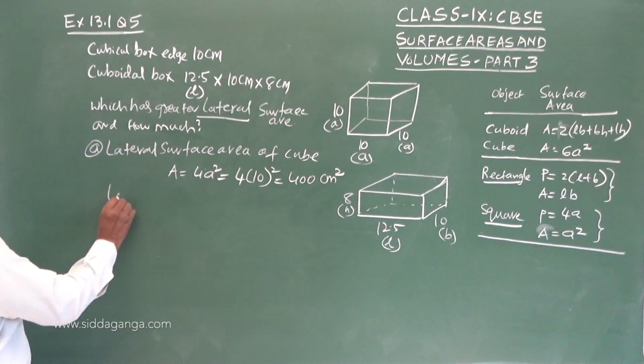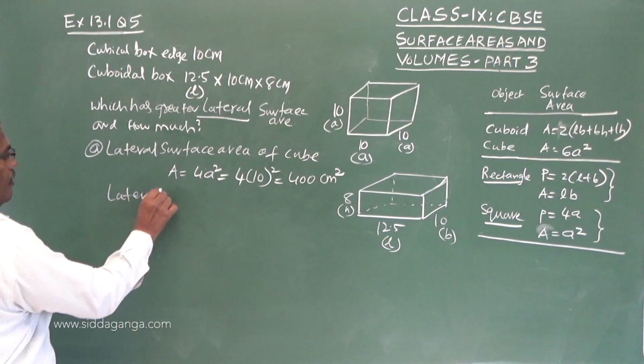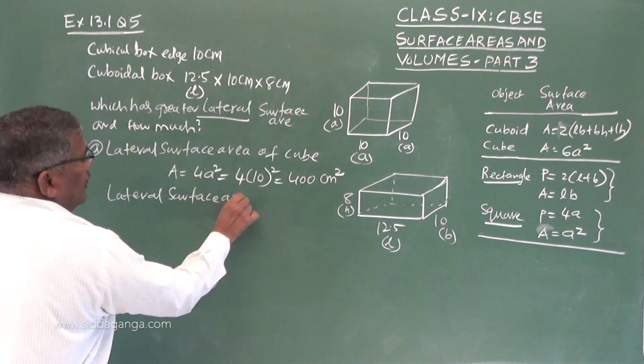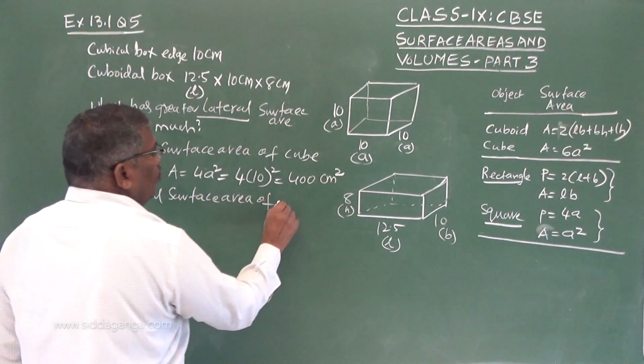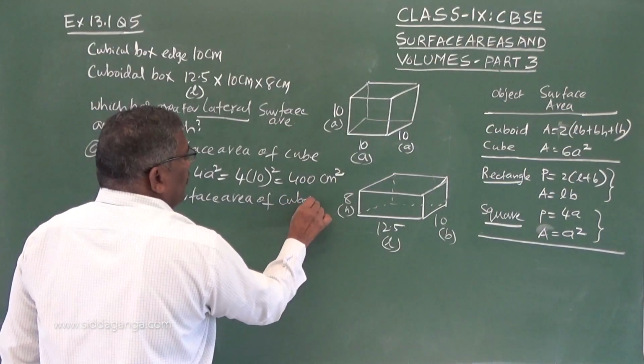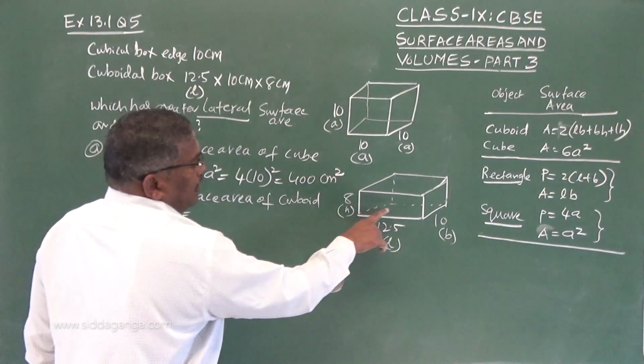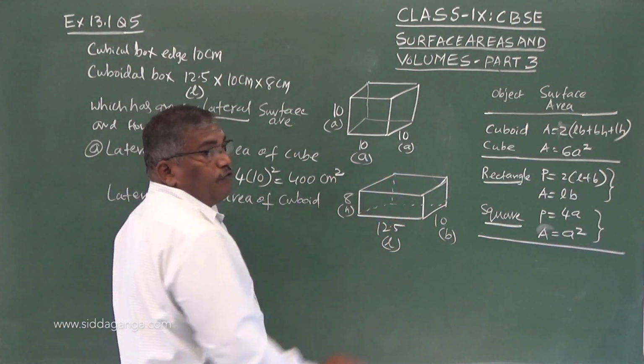So, lateral surface area of cuboid equals, in this case, see, top and bottom we have to exclude.